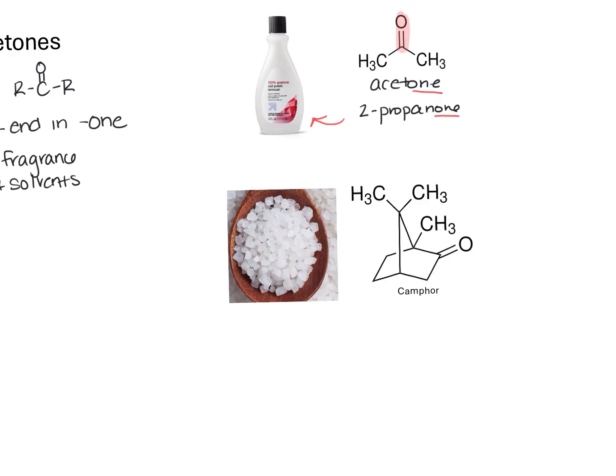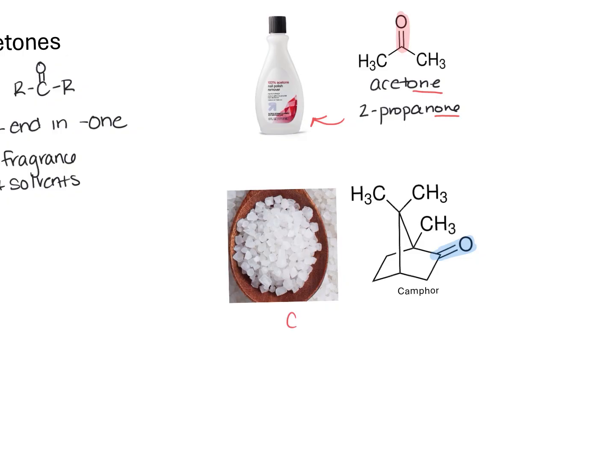But the reason we're highlighting this molecule is because the functional group right here is that ketone, that C double bond O in between two carbon groups. Now, it has a pretty distinctive, pungent, aromatic odor. It's found in the wood of the camphor laurel tree. A lot of times it's that fragrance that's in mothballs.